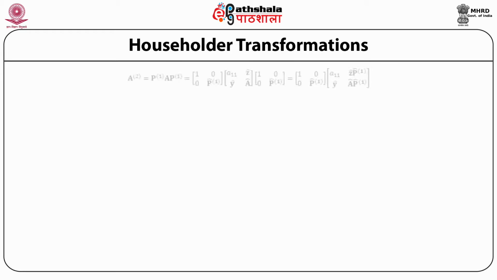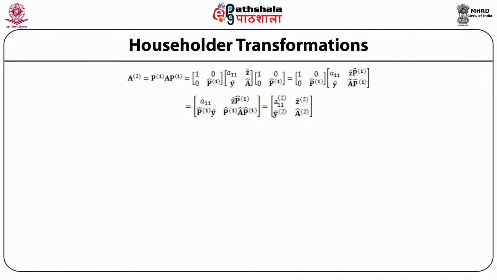Further, A^{(2)} = P^{(1)} A P^{(1)}, which is the block matrix with 1, 0, 0 and P^{(1)}, times the block matrix with a11, Z, Y and A, times the block matrix with 1, 0, 0 and P^{(1)}. On solving this further, we get a11^{(2)}, Z^{(2)}, Y^{(2)}, A^{(2)}.